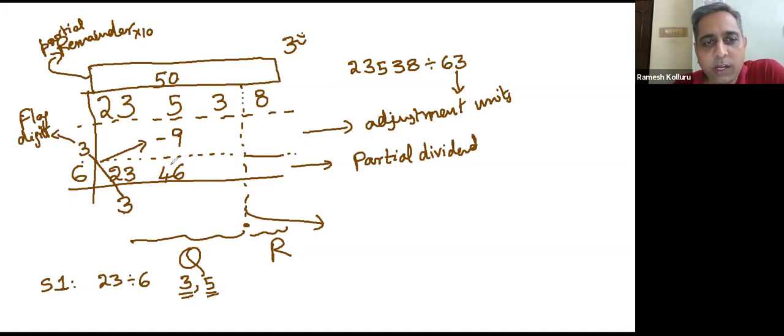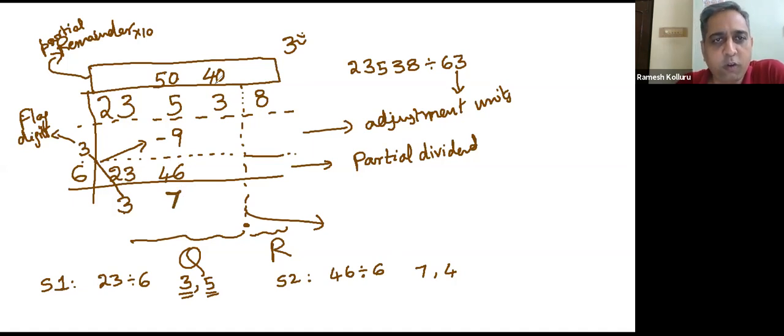Now we go to the second step. We divide 46 by 6. 6 sevens are 42, 4 remains, passed as 40.